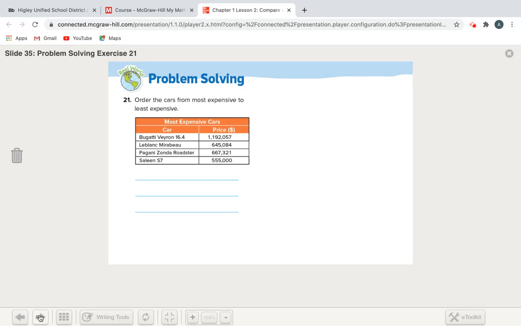Order the cars from most expensive to least expensive. Push pause. Work on your problem.